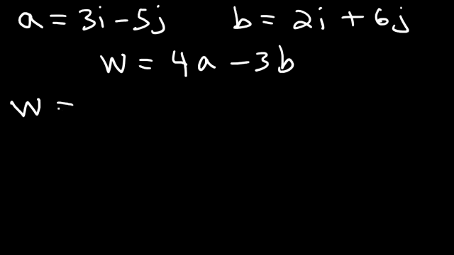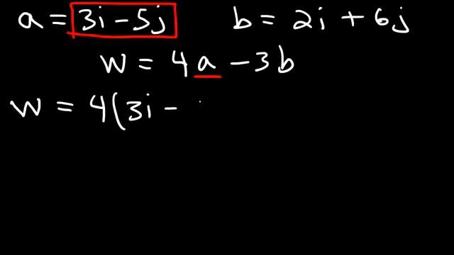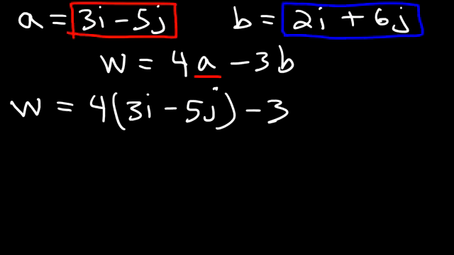So what we're going to do is replace A with what it's equal to, 3i minus 5j. And then we're going to replace B with 2i plus 6j.